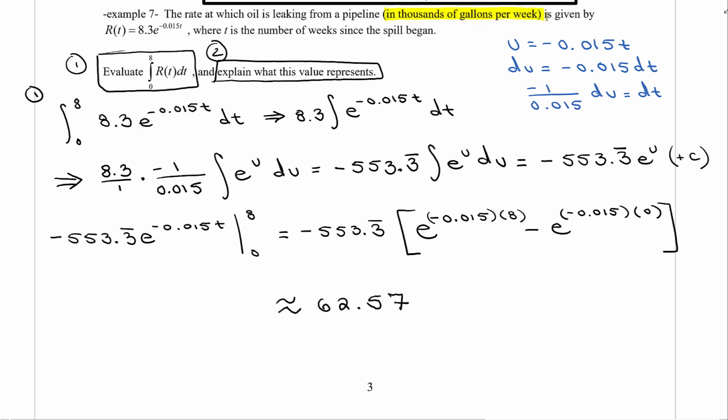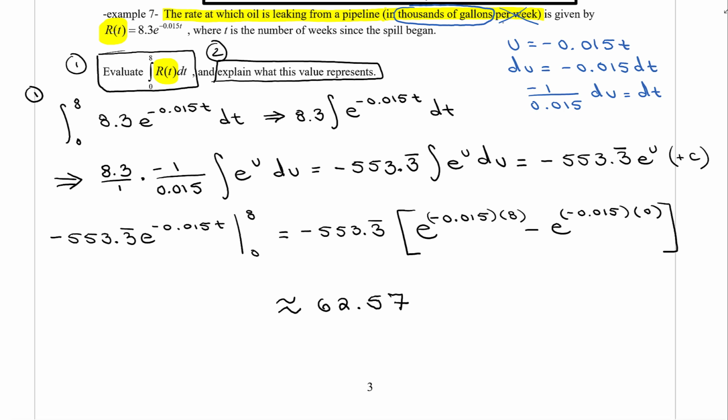Remember that it said here in thousands of gallons per week, and I highlighted that part in yellow. The rate at which oil is leaking from a pipeline in thousands of gallons per week. That's what our R of t represents. Because it's saying thousands of gallons per week, I'm just going to focus on the thousands of gallons.